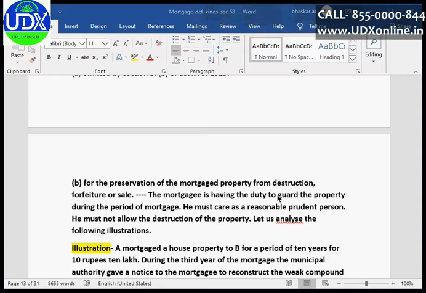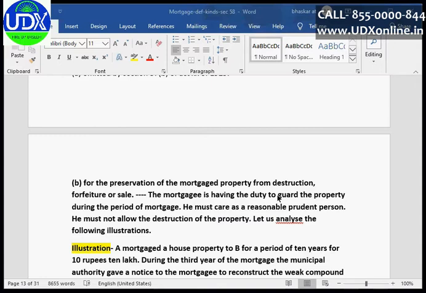That means he must protect the property so that the property shall remain a valuable security. The property should not become an insufficient security.